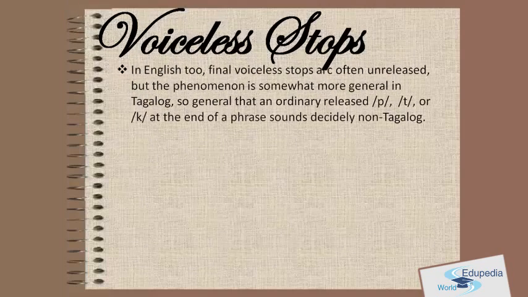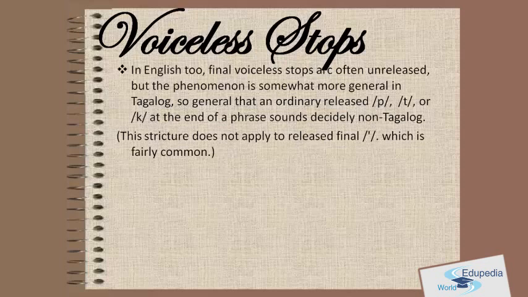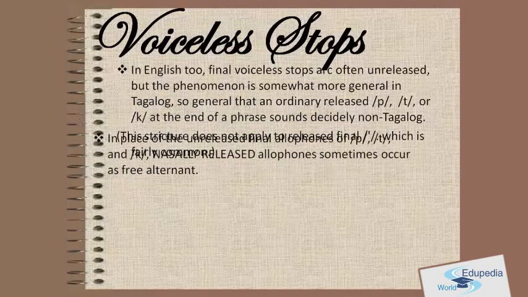In English too, final voiceless stops are often unreleased, but the phenomenon is somewhat more general in Tagalog, so general that an ordinary release of P, T, or K at the end of a phrase sounds decidedly non-Tagalog. This does not apply to the final glottal stop, which is fairly common.